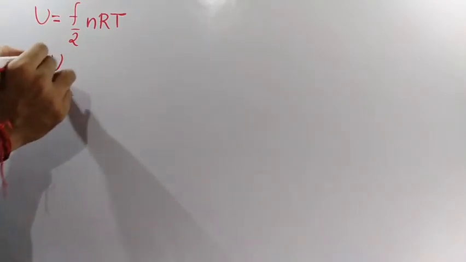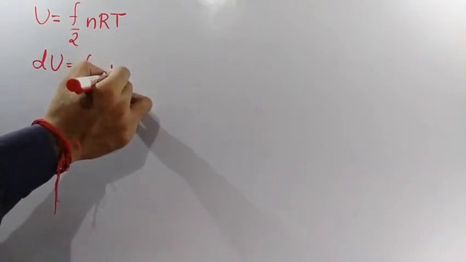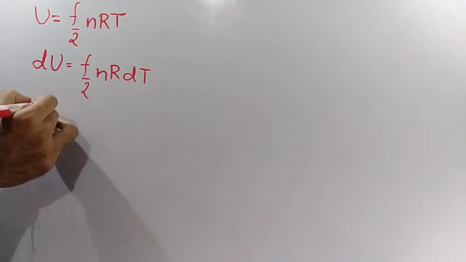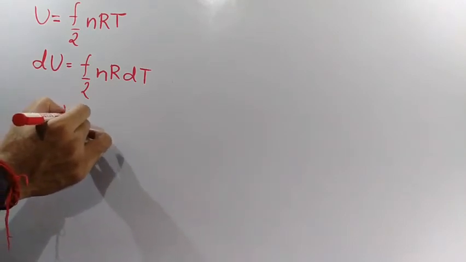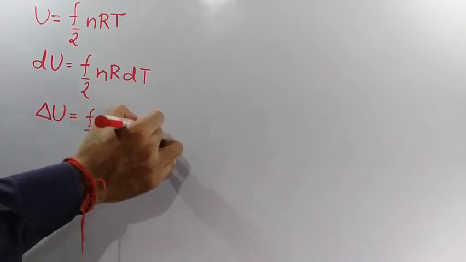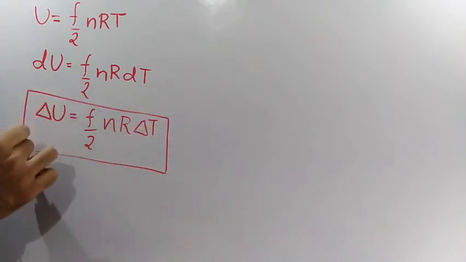If I differentiate this equation, I get dU is equal to F by 2. F is constant for a given molecule. The number of moles is constant, R is the universal gas constant, and the only variable quantity is T, so I can write dT. Or I can write this as delta U is equal to F by 2 N R delta T. Important formula.